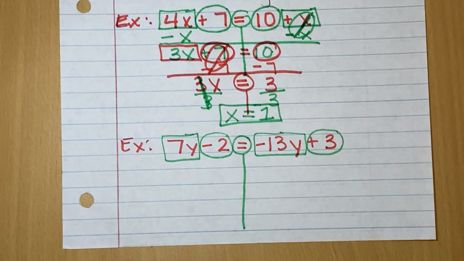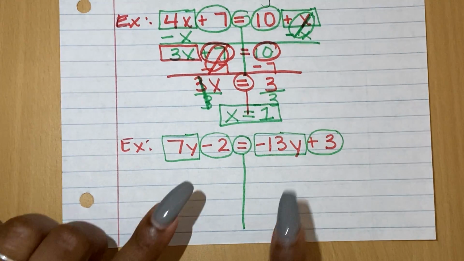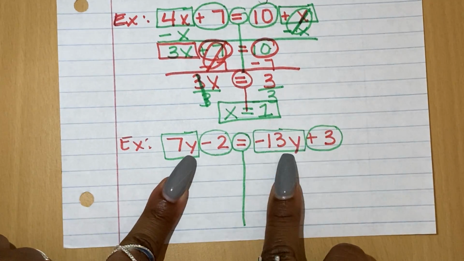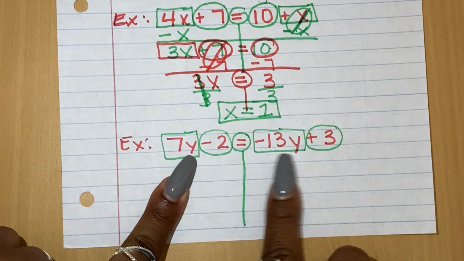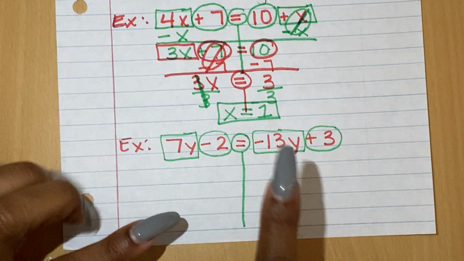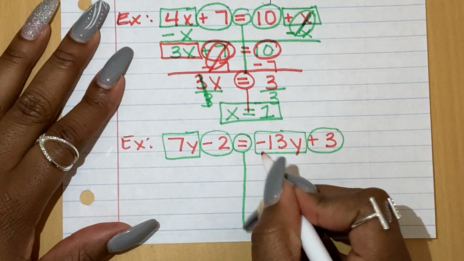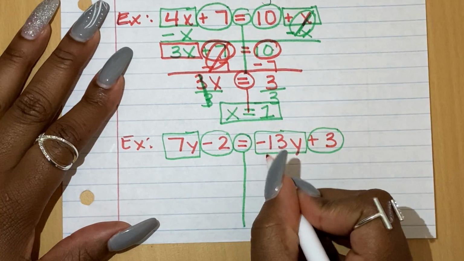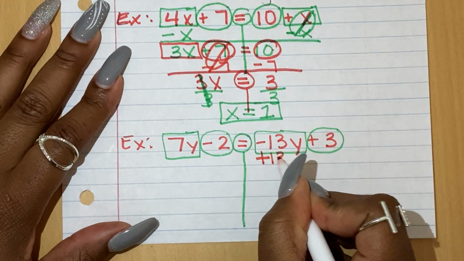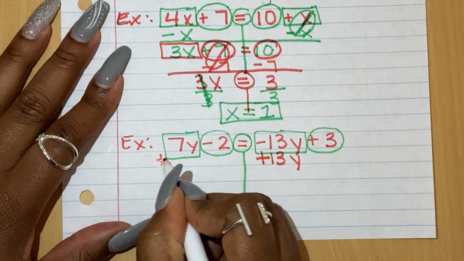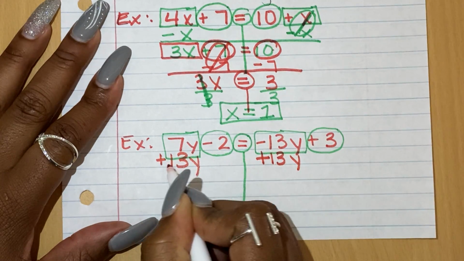I need to move or use inverse operations to move the smaller valued variable. Here are my variables. The one with the smaller value is this negative 13y right here, because negative 13 is smaller than 7. So to use inverse operations, since it's a negative 13y, I'm going to add 13y on both sides.